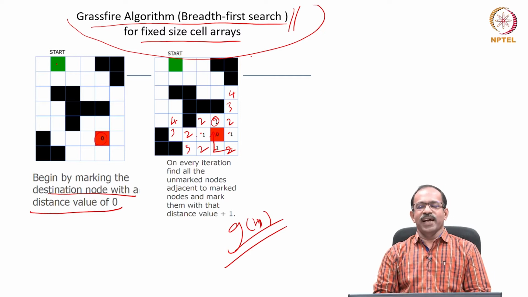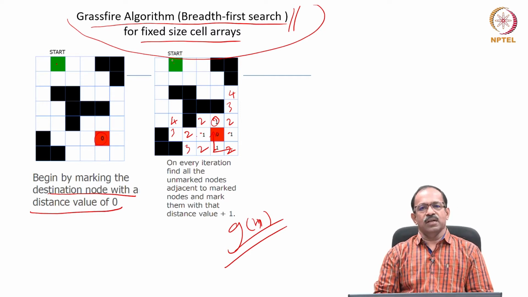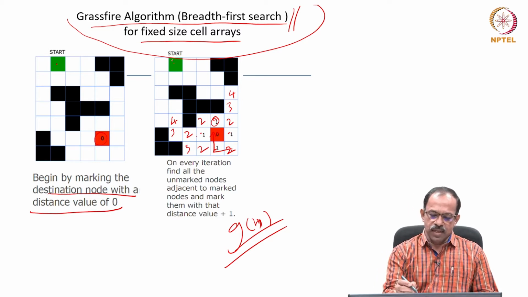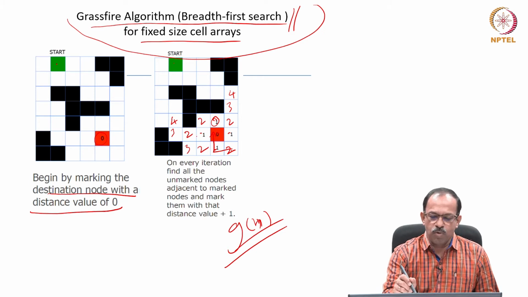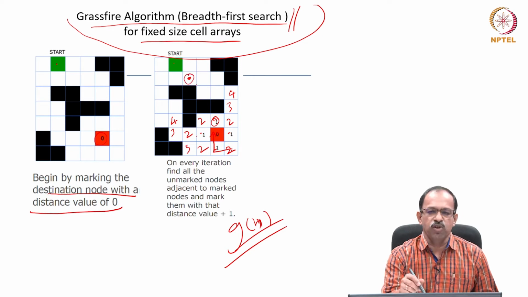It will keep on expanding like this till it reaches this point, expanding the nodes in the breadth direction. As it expands, it will know the cost of travel from each node to the goal. Similarly, if you want to know the cost of travel from this point to the goal, as you expand, you will find a value here, and that will be the cost of travel.